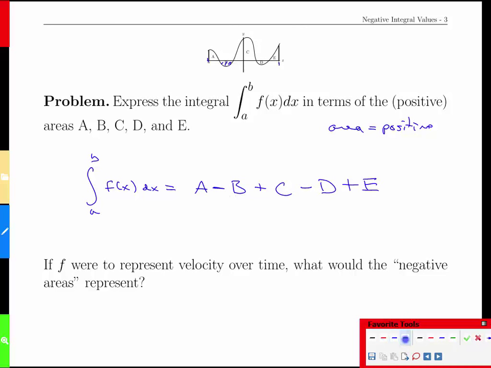Well, if again, we think of this back at our original motivating example of velocity against time and us trying to find the change in position, this makes complete sense. If we have positive velocities, think of that as forward. And then on the negative side, we might have backwards motion.